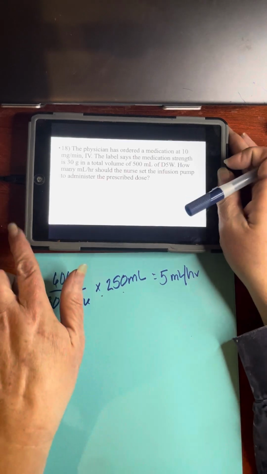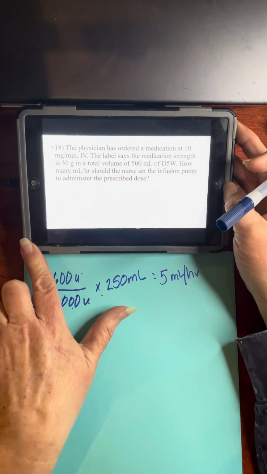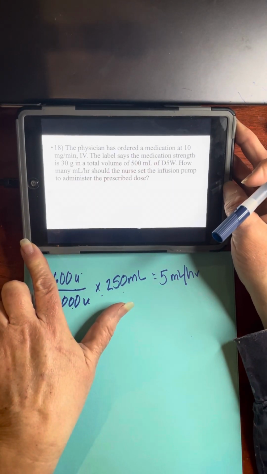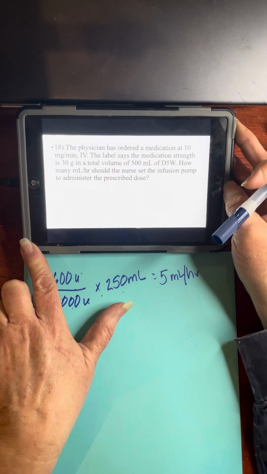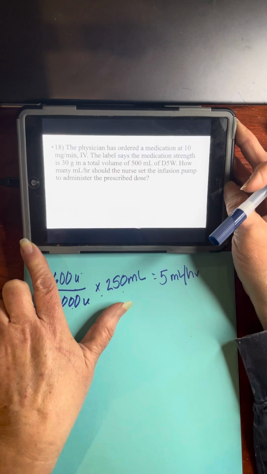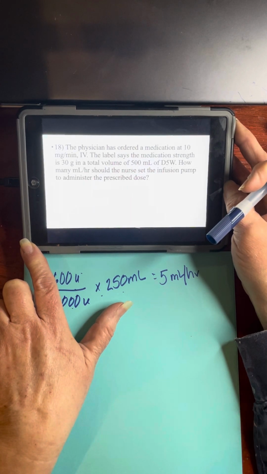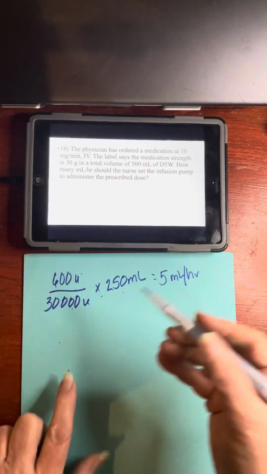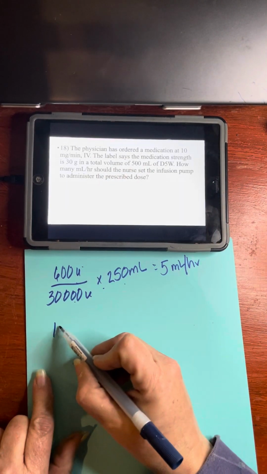Okay, look at this one. The physician has ordered a medication at 10 milligrams per minute. The IV label says the medication strength is 30 grams in a total volume of 500 milliliters. How many milliliters should you set the infusion pump? Okay, it's going at 10.